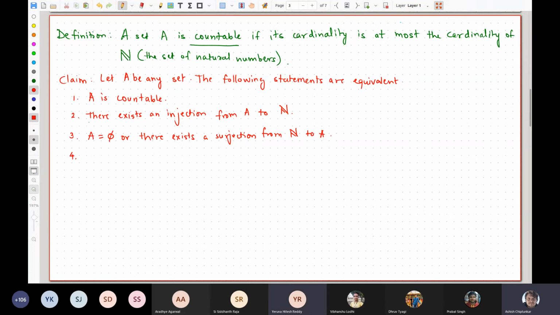We also saw that there exists an injection from A to B where B is countable. Good.